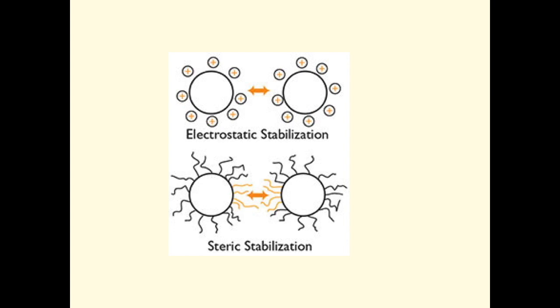We call it electrostatic stabilization. Now, what is steric stabilization? In the case of non-ionic emulsifiers in water in oil emulsions, steric repulsive forces arise. When polymer chains approach one another, due to this steric repulsion, droplet coalescence is inhibited and the emulsion is stabilized. We call it steric stabilization.